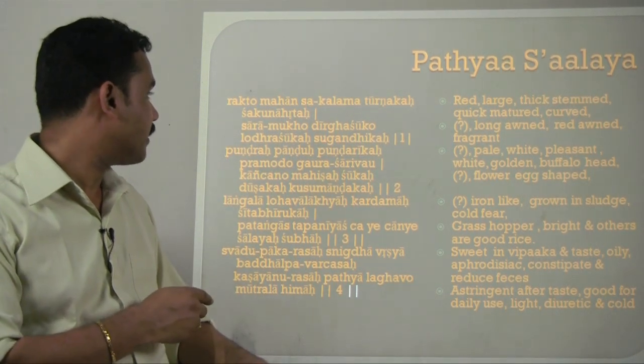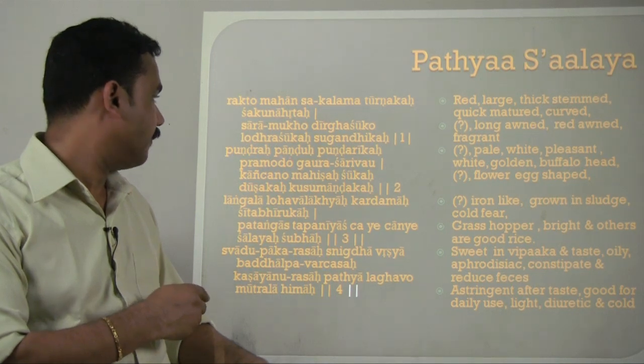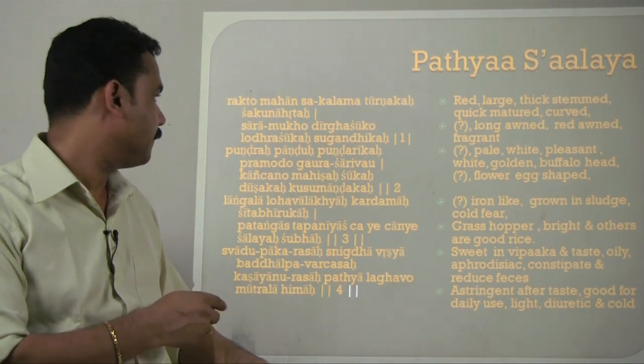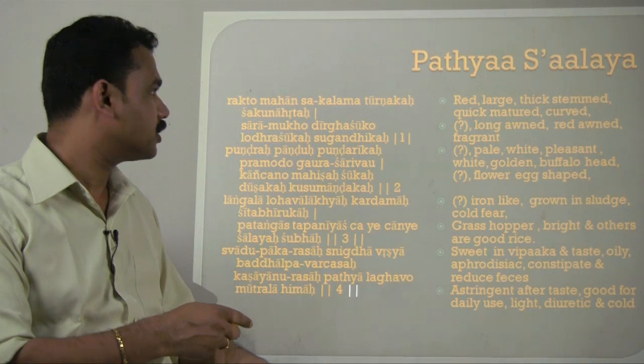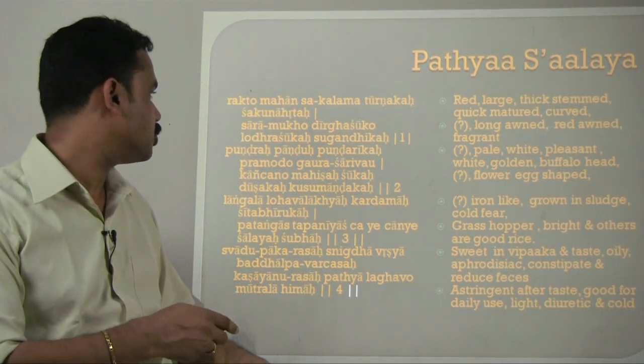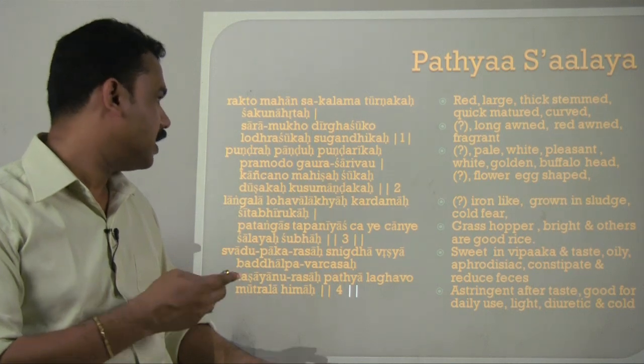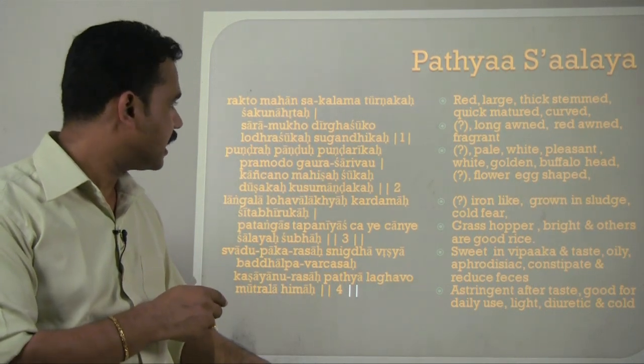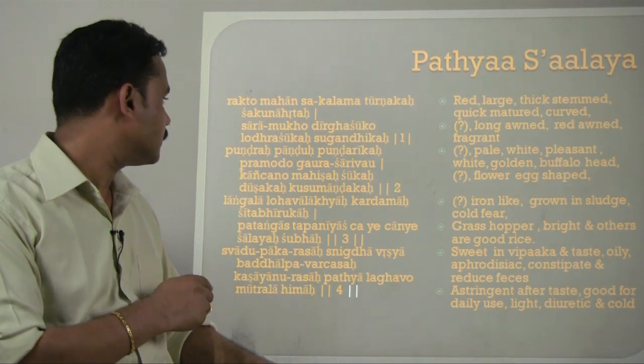So Sugandhika, fragrant. Pundra, we don't know. Pandu means pale. Pundarika means lotus or white colored. Pramada means pleasant. Gaura Sariva, where Gaura means again white, and Sariva is not seen.